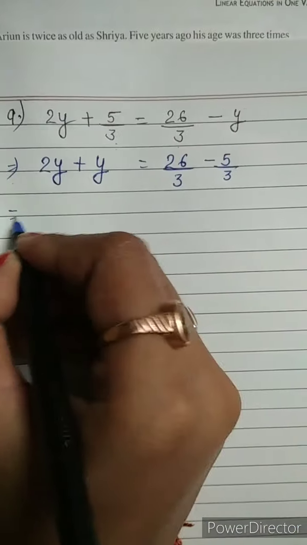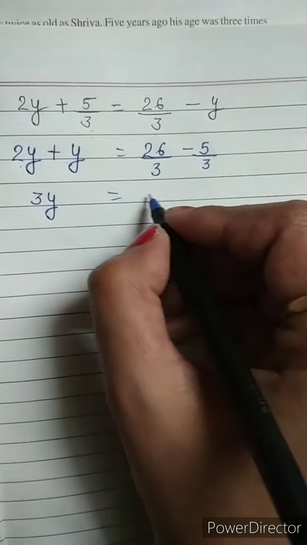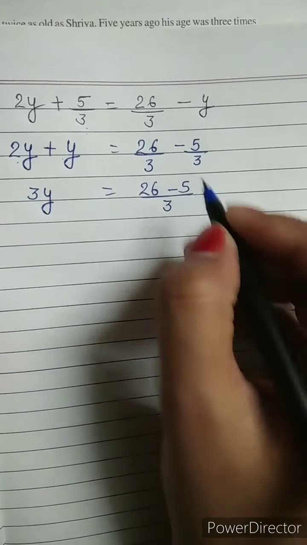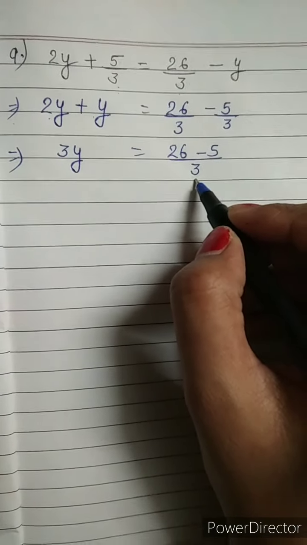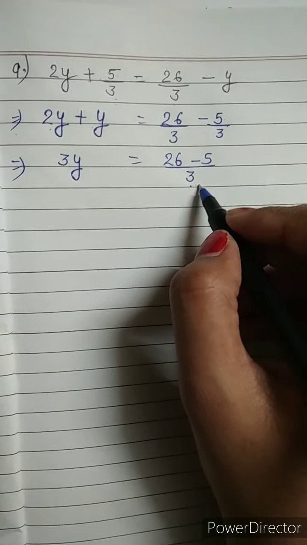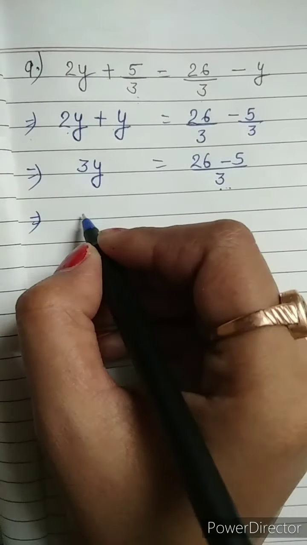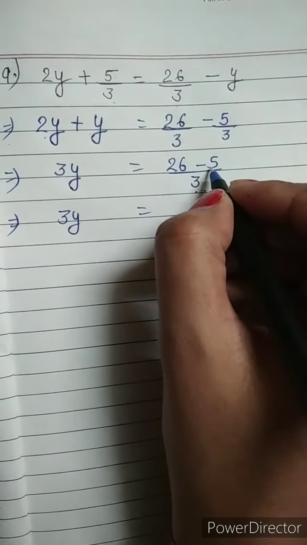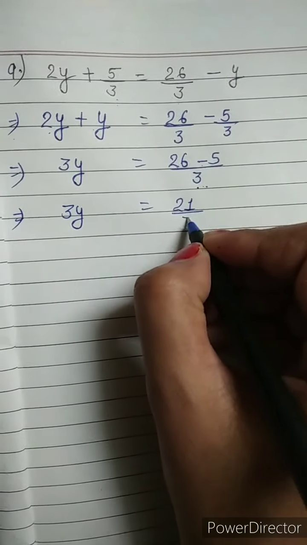Here 2 plus 1 is 3y is equal to, because the denominator is the same, we are writing it directly. 3y as it is. 26 minus 5 will give us 21 by 3.